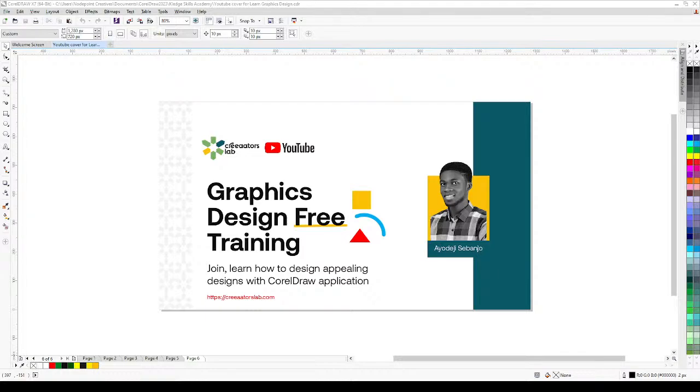It can also be defined as graphical and textual elements implemented together. You understand? It helps to communicate information through graphical and textual elements. That is what graphic design is all about.